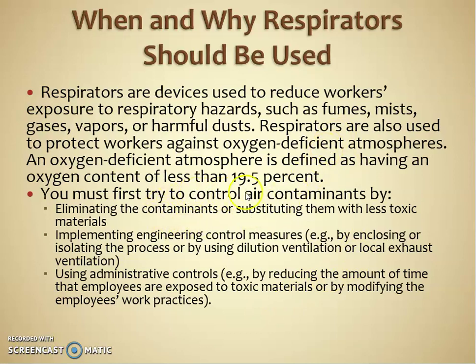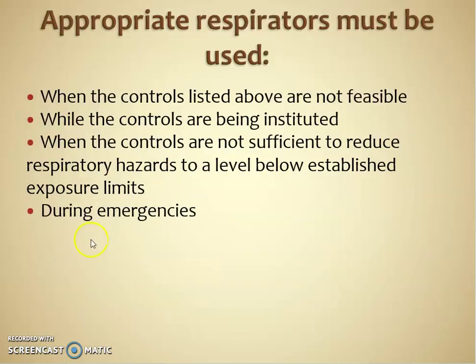You must first try to control air contaminants by eliminating the contaminants or substituting them with something that's less toxic, by implementing engineering control measures, such as, for instance, providing ventilation by mechanical or natural means, and by potentially providing administrative controls, that is, reducing the amount of time that the employees are exposed to a given toxic substance.